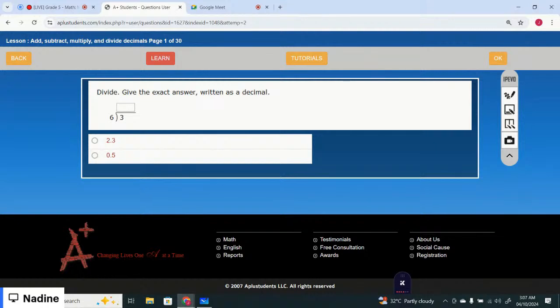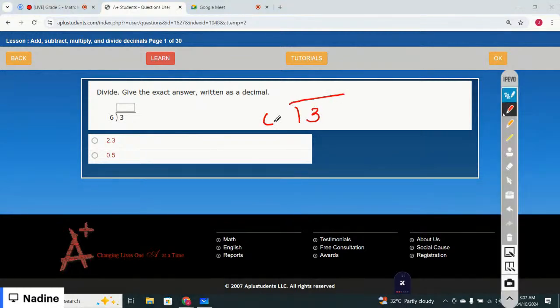So how do we divide? Let's just see how do we divide. You cannot divide 3 by 6. 3 is smaller than 6. So how do we divide? You need to put a decimal point over here and a 0 over here. So you have to count 6 until 30. So 6 times what number is 30? 6 times 5 is 30. So that is 0.5. Option number 2 is the correct option, right? That is 0.5. Got it?